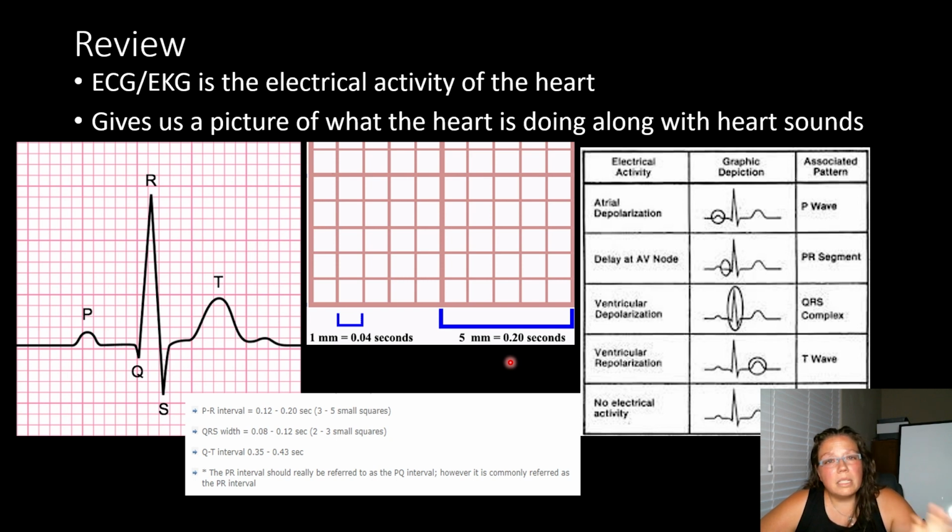When we start going into bundle branch blocks, then we'll talk about QRS, because the wider that is, we can start figuring out bundle branch blocks. But for right now, we want to make sure that the PR interval is 0.12 to 0.2 seconds. Tuck that away, because you're going to need it.